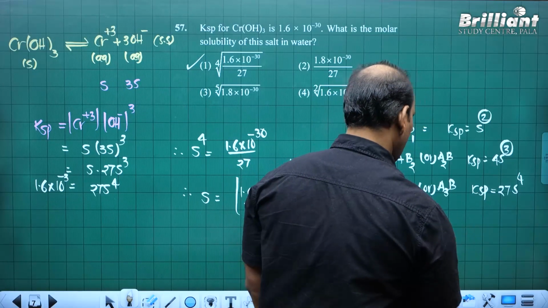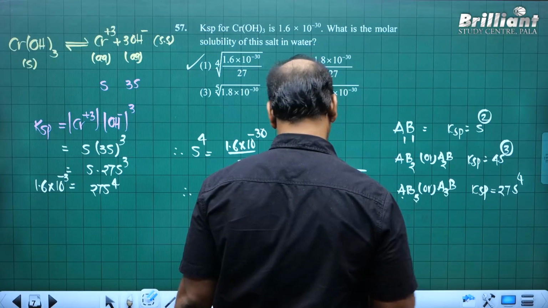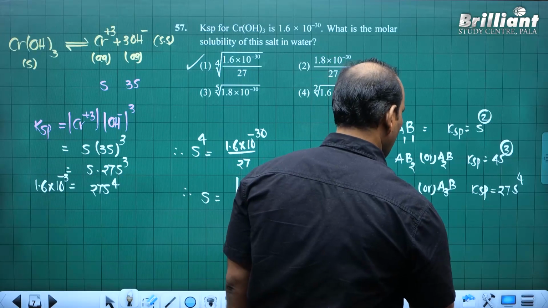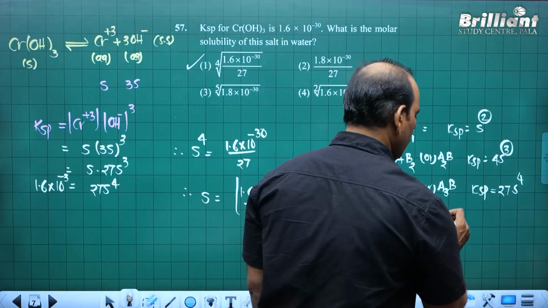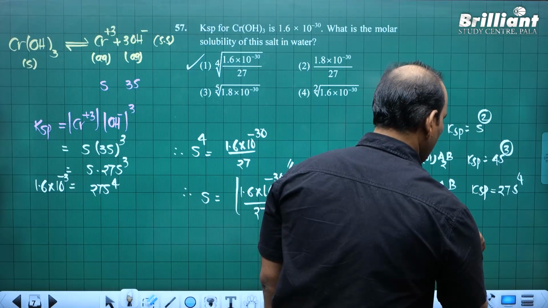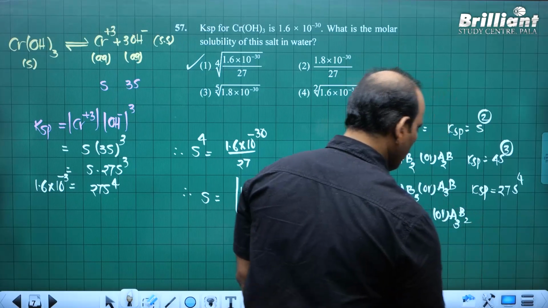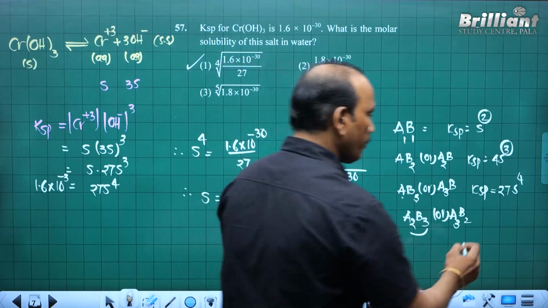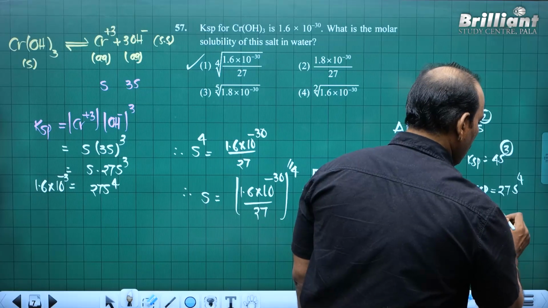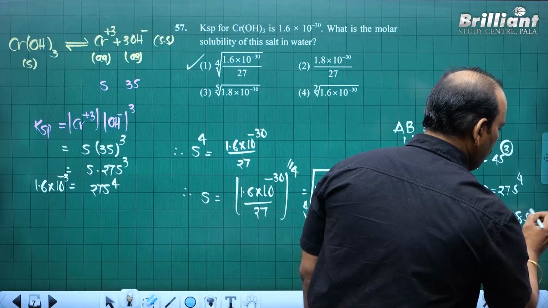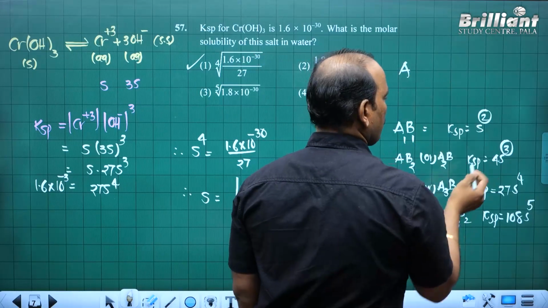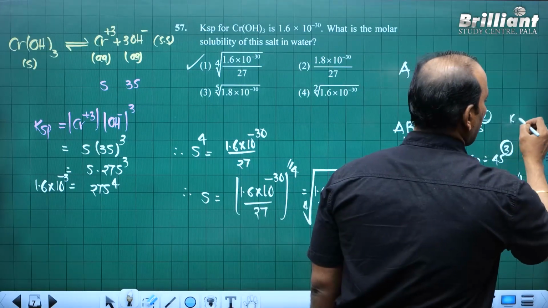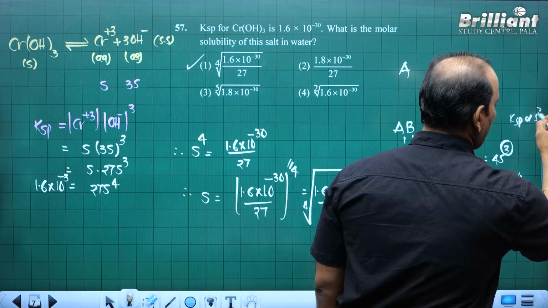Okay? Then A2B3 or A3B2. Here what is the value? 5. Therefore Ksp equals 108 S power 5. At the same time for AX, my point is Ksp is directly proportional to S square.